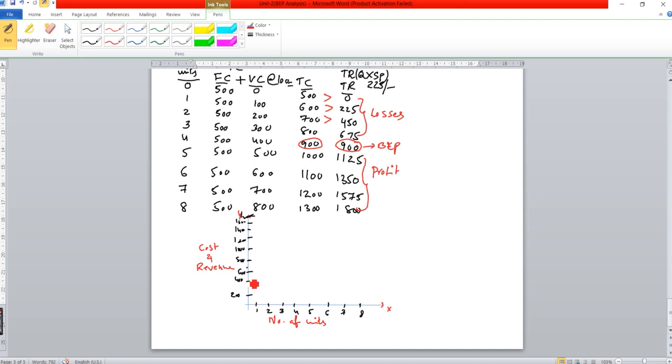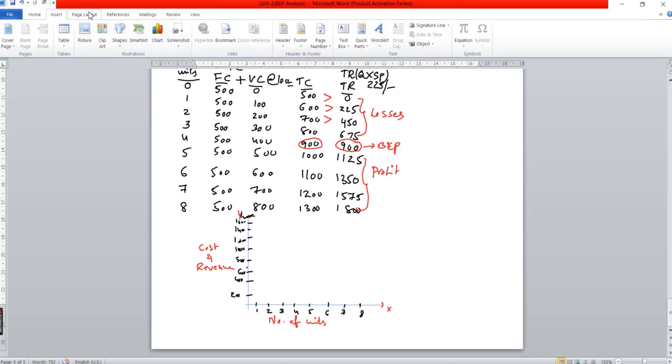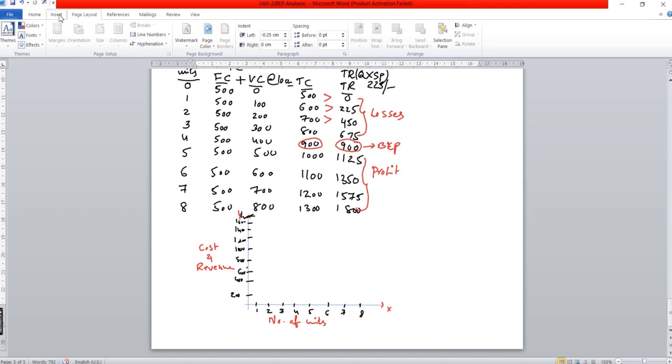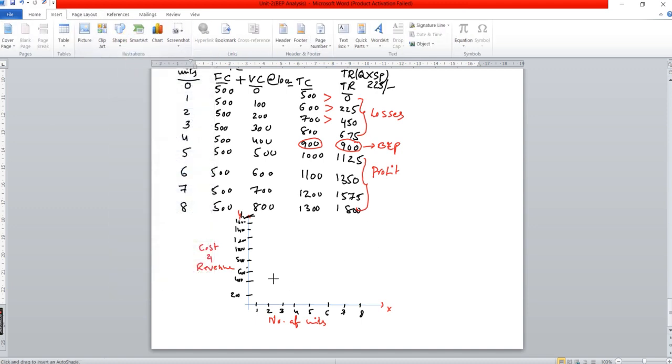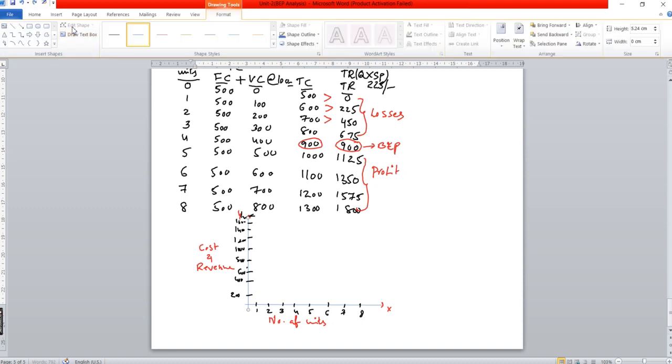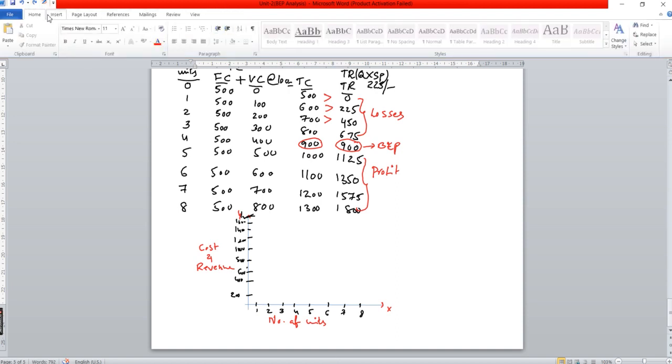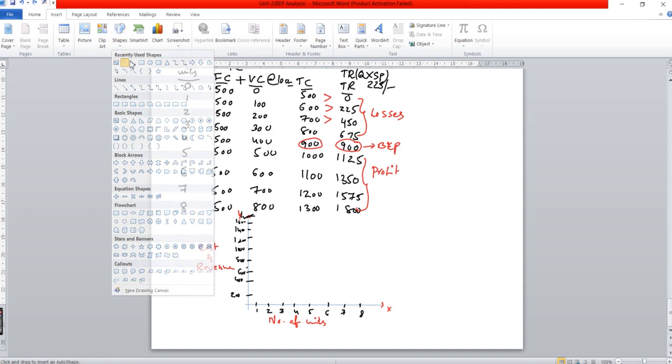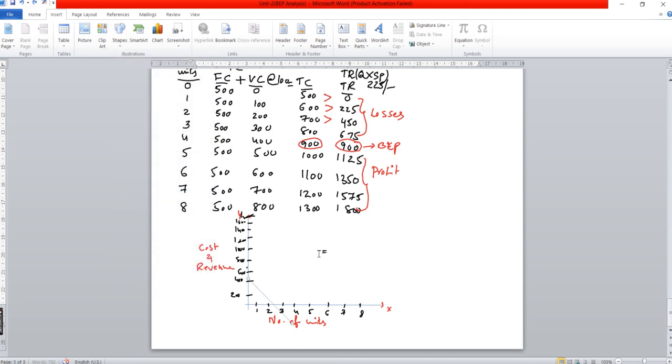It starts from 500. This is the total cost line.